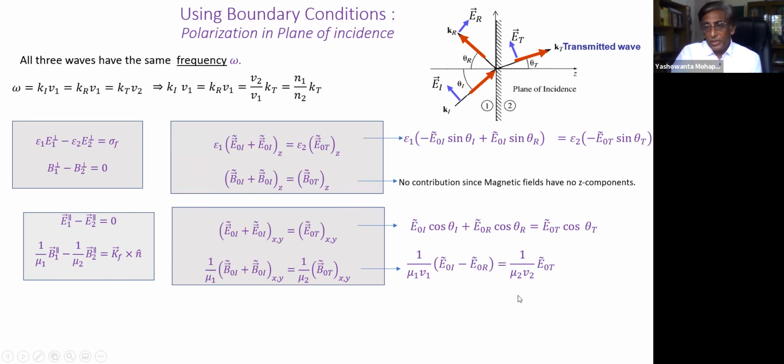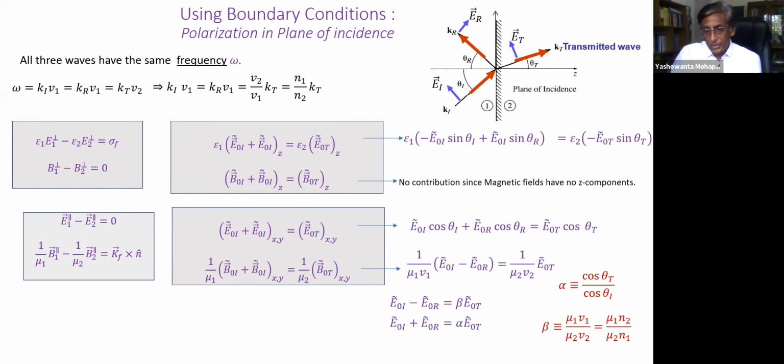Now, using this relationship, we can define alpha and beta as we had just done. If we define beta and alpha like this to make the algebra simpler, then this would reduce to ui minus ur, which is beta UO2. And this one would give you ui plus ur is alpha UOT.